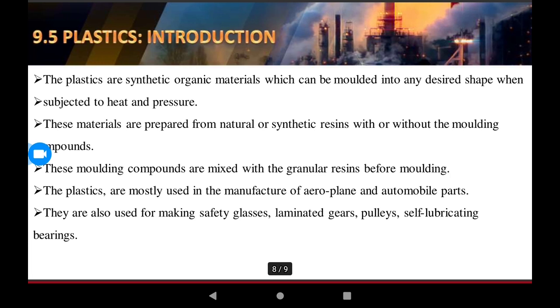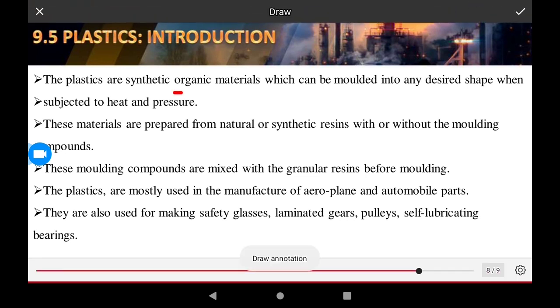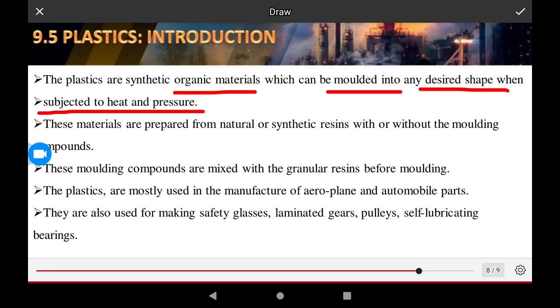Introduction to plastics. Plastics are synthetic organic materials which can be molded into the desired shape when subjected to heat and pressure.